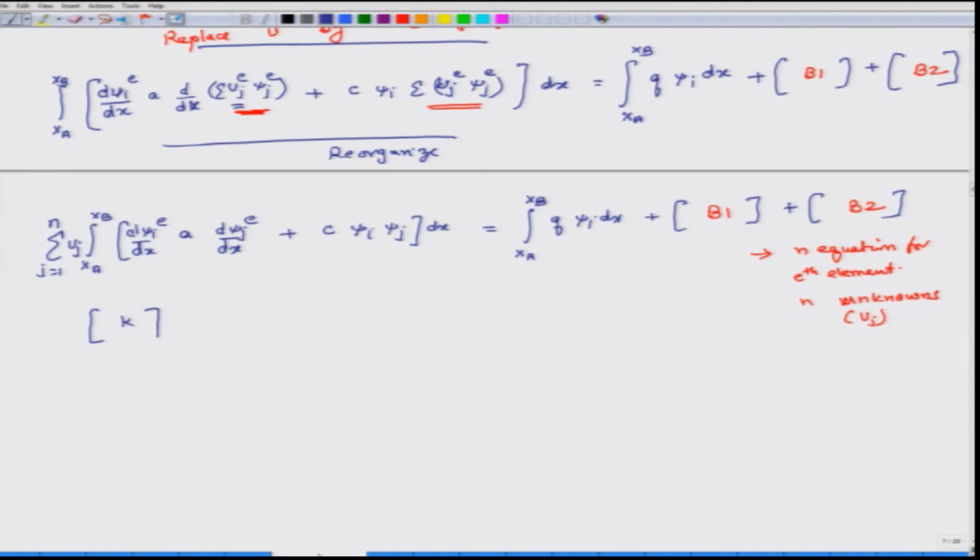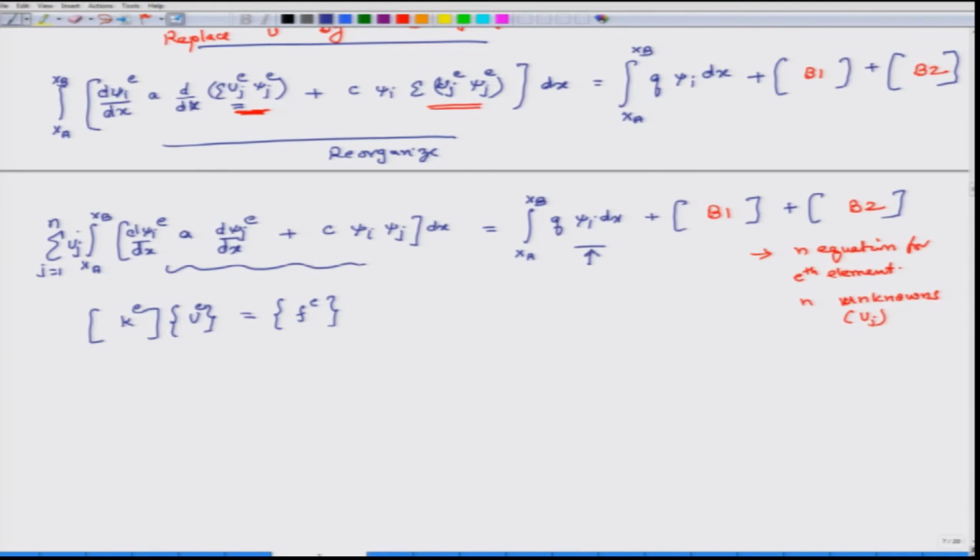I can call this entire thing Ke, it is being multiplied by a vector Ue, which is uj, and this is equal to Fe.